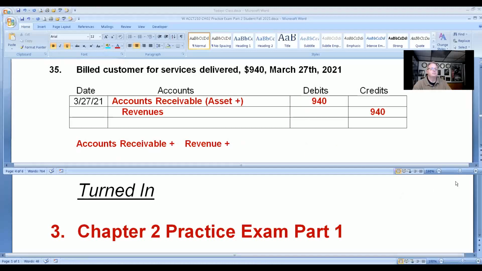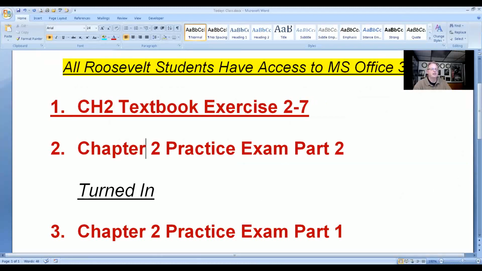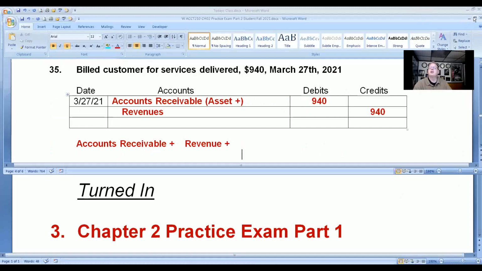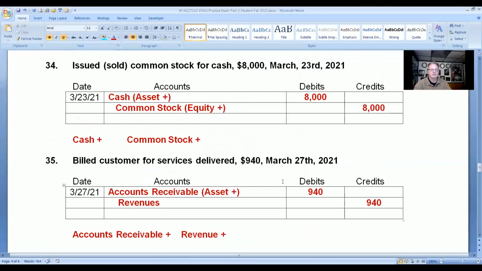You've got a lot of papers. Got a stack. Okay, so let me go ahead and send out the chapter 2 practice exam.